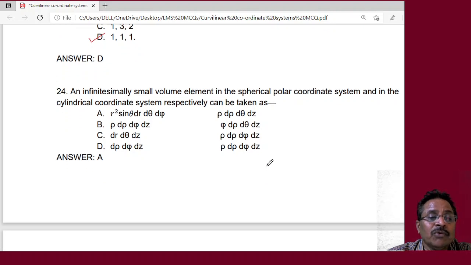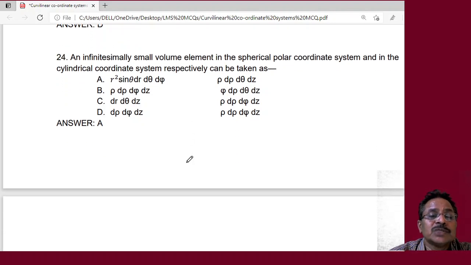Now question number 24: an infinitesimally small volume element in the spherical polar coordinate system and in the cylindrical coordinate system respectively can be taken as... This is again a memory question. dV for any curvilinear coordinate system is given by h1, h2, h3 into du1, du2 and du3.